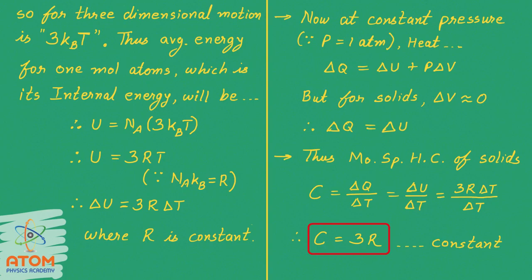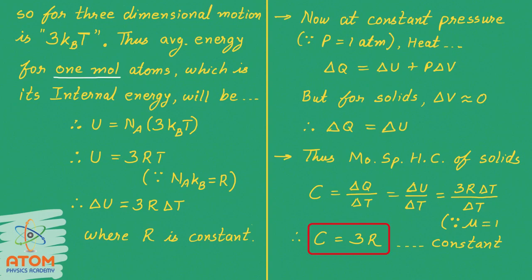Now, come to the molar specific heat capacity of a solid, which is basically given by C, and C is equal to delta Q upon mu delta T. But here from the very beginning we are talking about 1 mole. See this here, 1 mole. And that's why we can write mu is equal to 1.